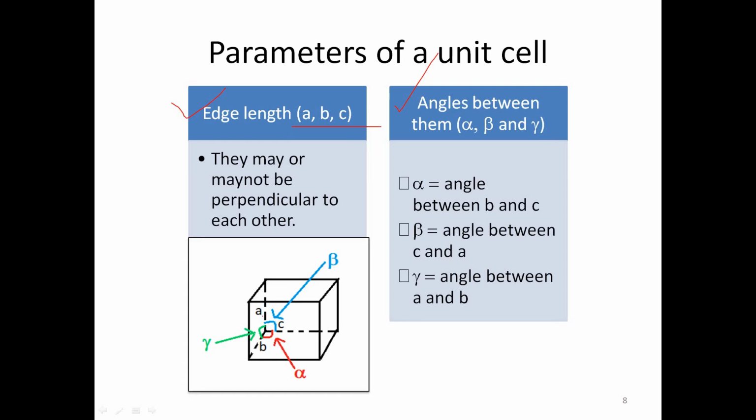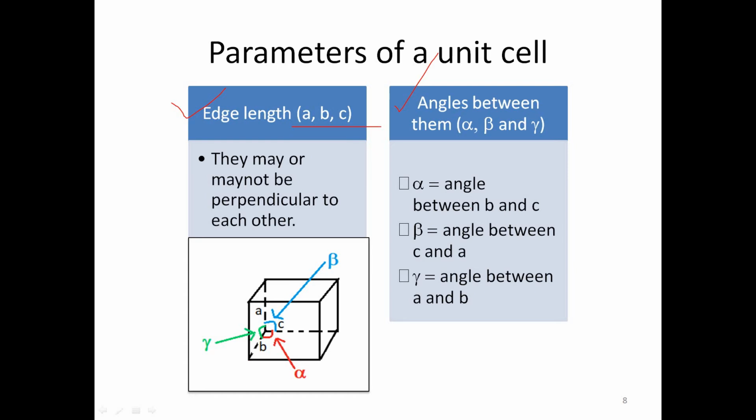This dotted line represents that this is below the plane of the screen. A means the vertical line, C is the horizontal axis and B is the axis which is perpendicular.